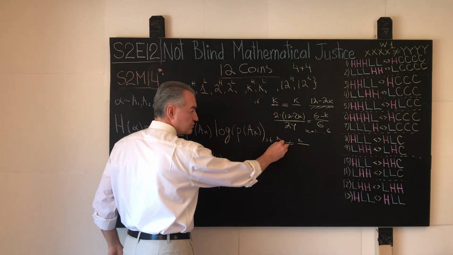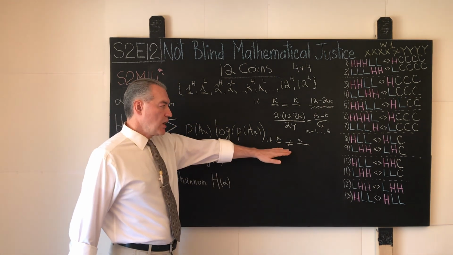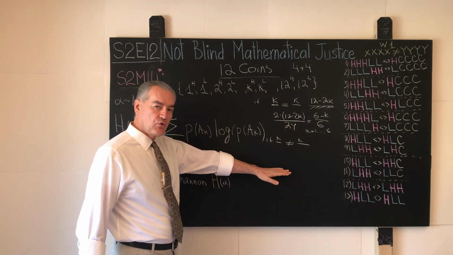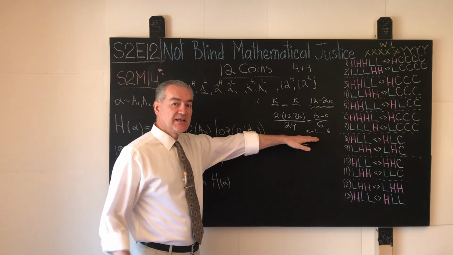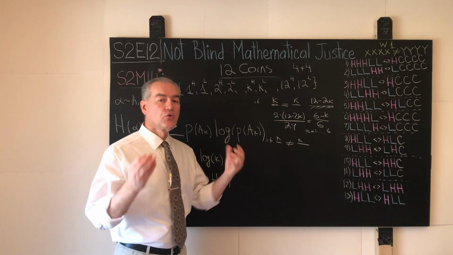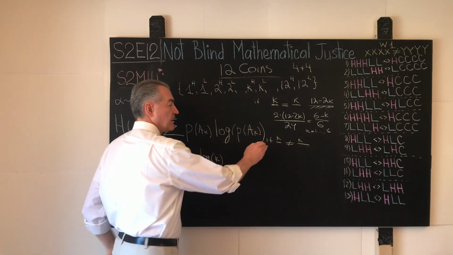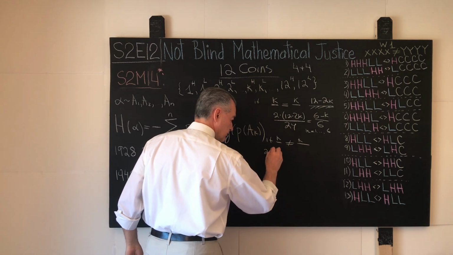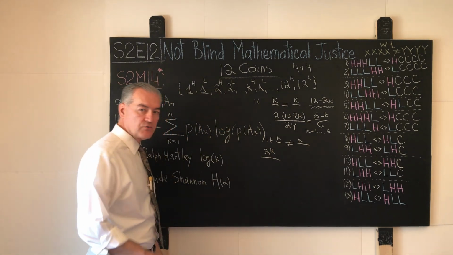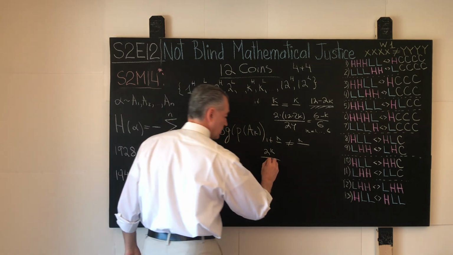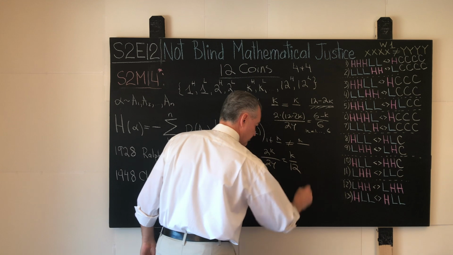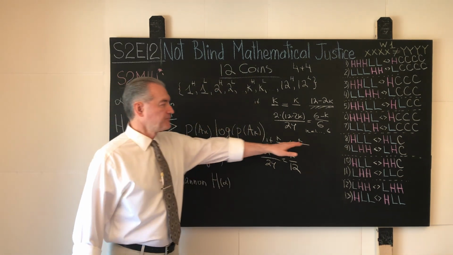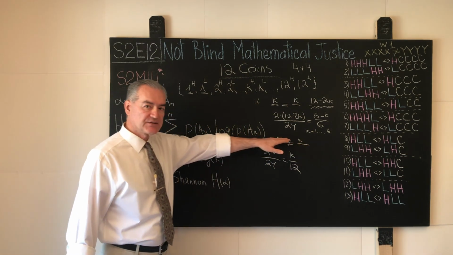If the left pan goes down, then one of the coins on the pan that went down is a heavy candidate, and one of the coins on the pan that went up is a light candidate. What is the total number of favorable events? k plus k is 2k. And what is the total number of all possible events? 24. So there we go, 24. Cancel the 2s. k over 12 is the probability that one of the coins on the pans is it.